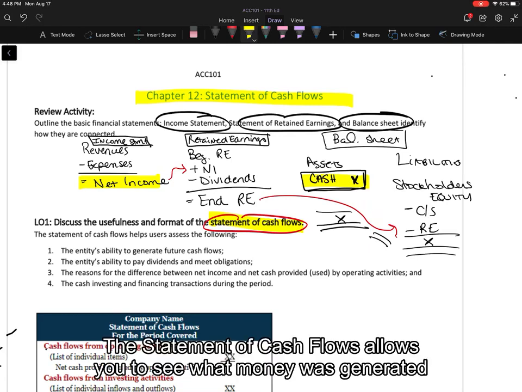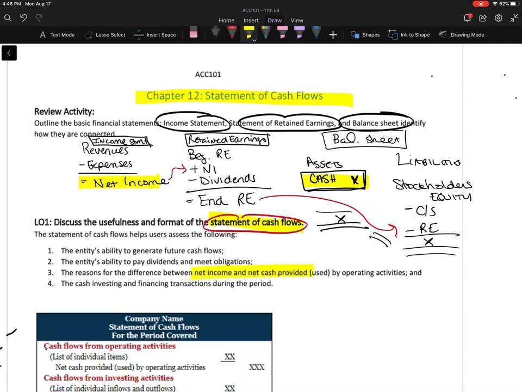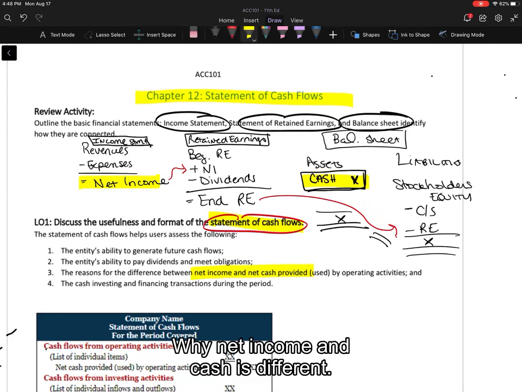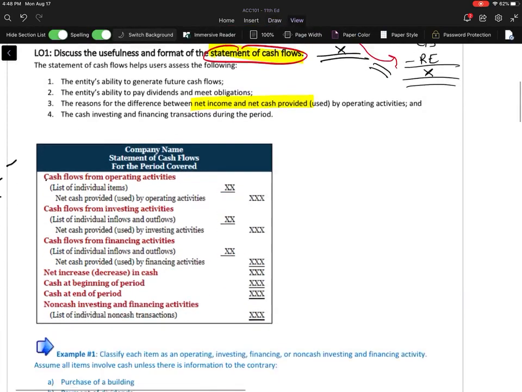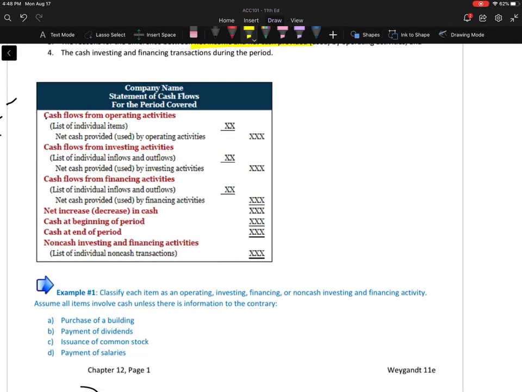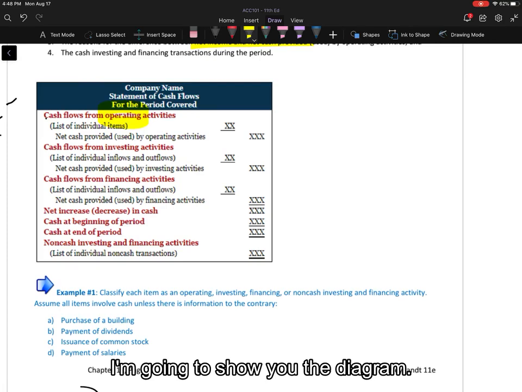The statement of cash flows allows you to see what money was generated from your operations or any other activities, why net income and cash are different, and to look at the company's ability to generate cash flows and meet obligations.